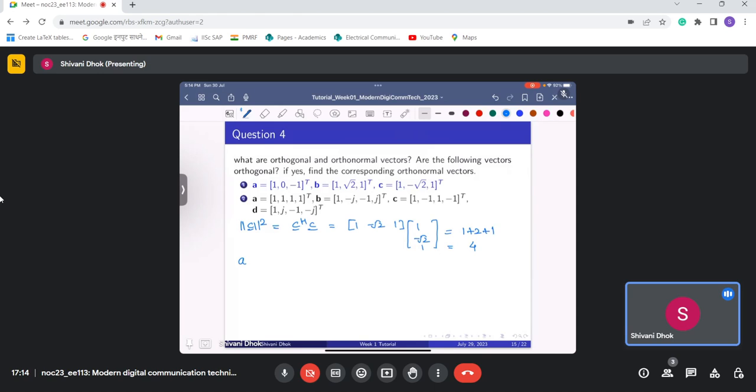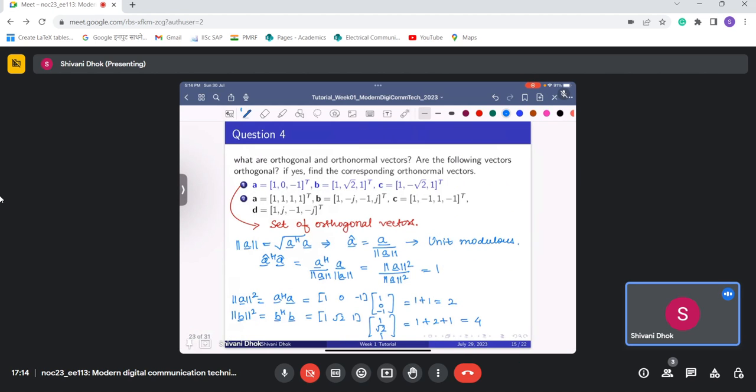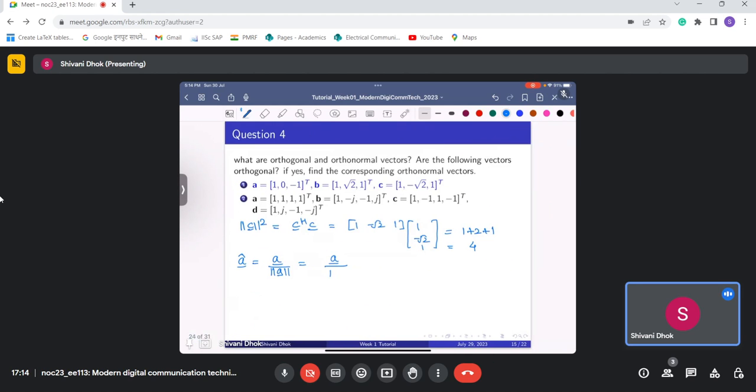So we have the unit vector a hat as a bar divided by norm a, which is root 2. So this vector looks like 1 by root 2, 0, minus 1 by root 2.